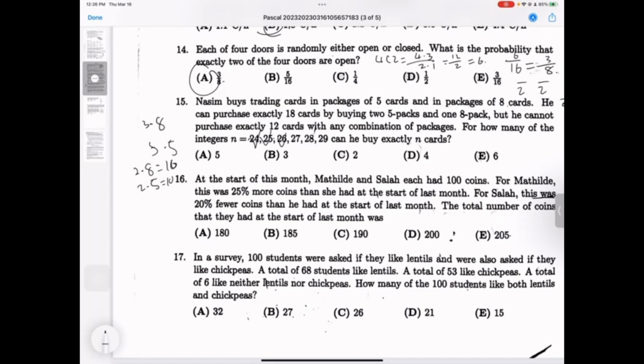And 28, 4 times 5 is 20, and 8 times 1 is 8, so that works. And 29, I don't think it works, so here is 1, 2, 3, 4. So here's 4.